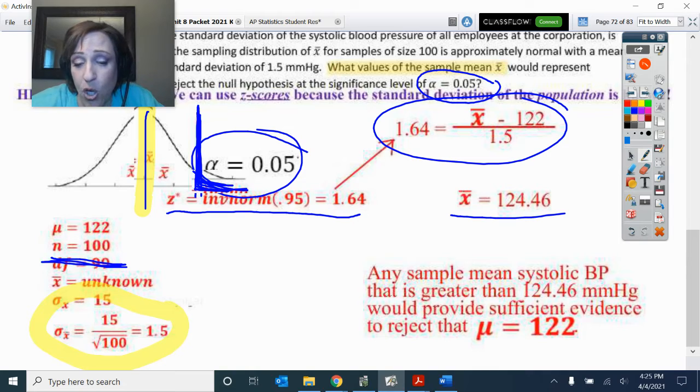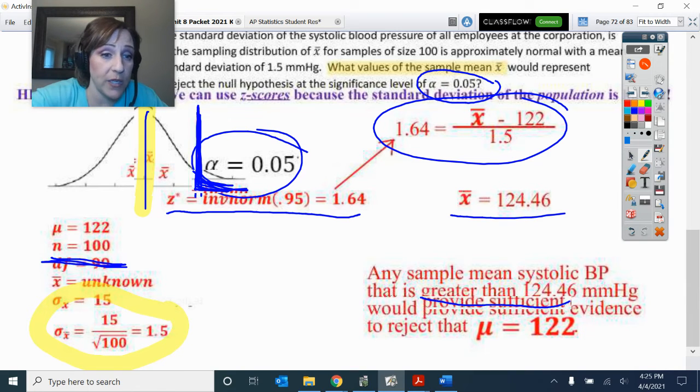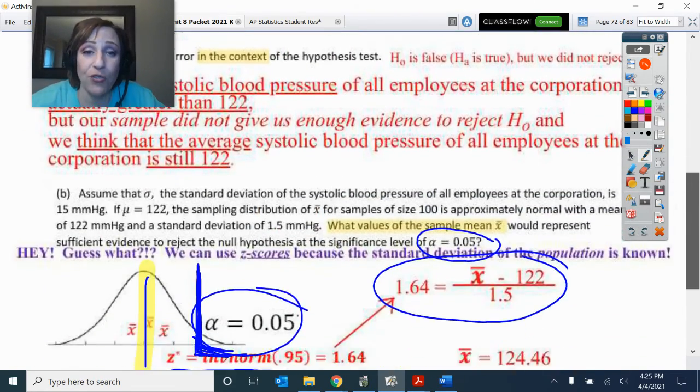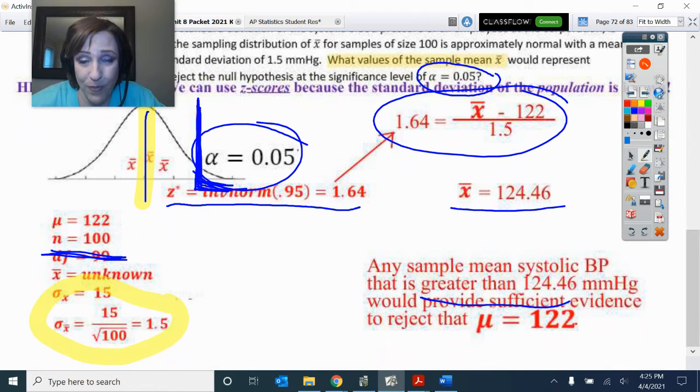So any sample greater than or equal to 124.46 would lead me to reject this mean of 122. All right, so that's the problem that you should have gotten minimum. That would have gotten you 1 point on this problem number 6.